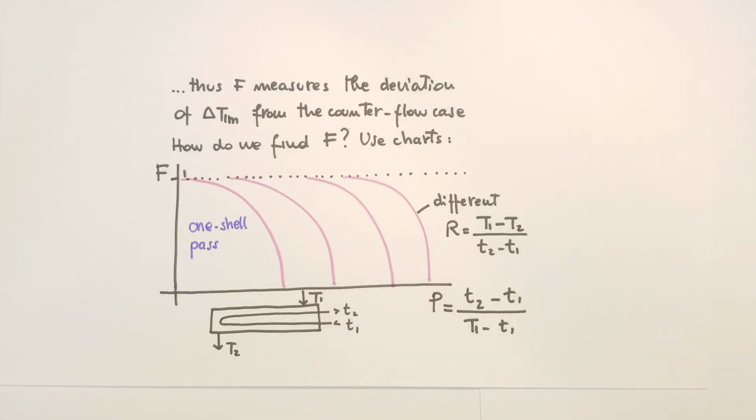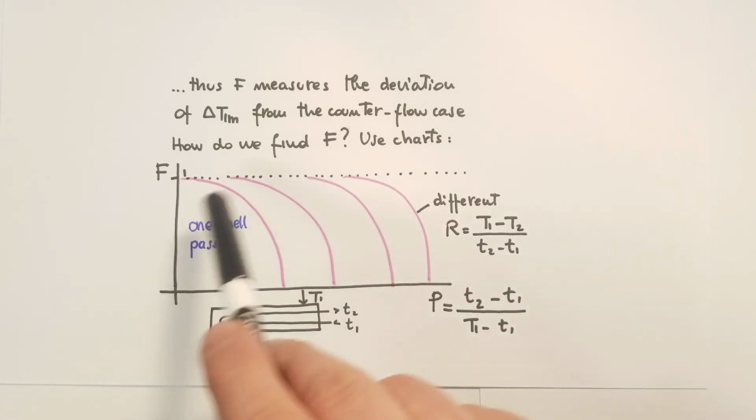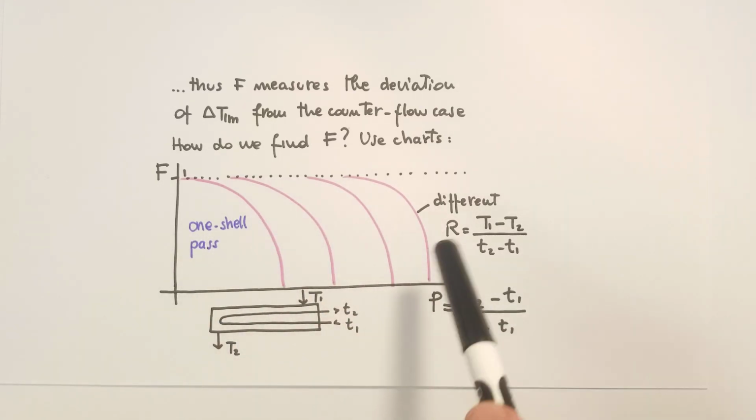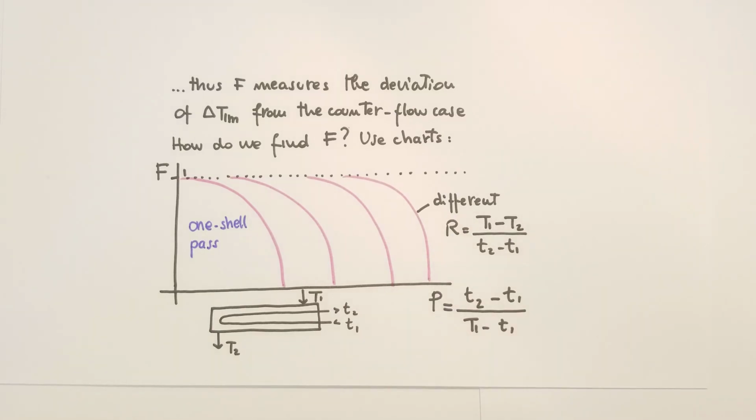So you find in all the heat transfer books charts of this kind. F is on the y-axis and the quantity P is on the x-axis. And then we have different pink lines here, and each line represents a different value of R. This chart is for one shell pass heat exchangers, but you have different charts for different heat exchangers.